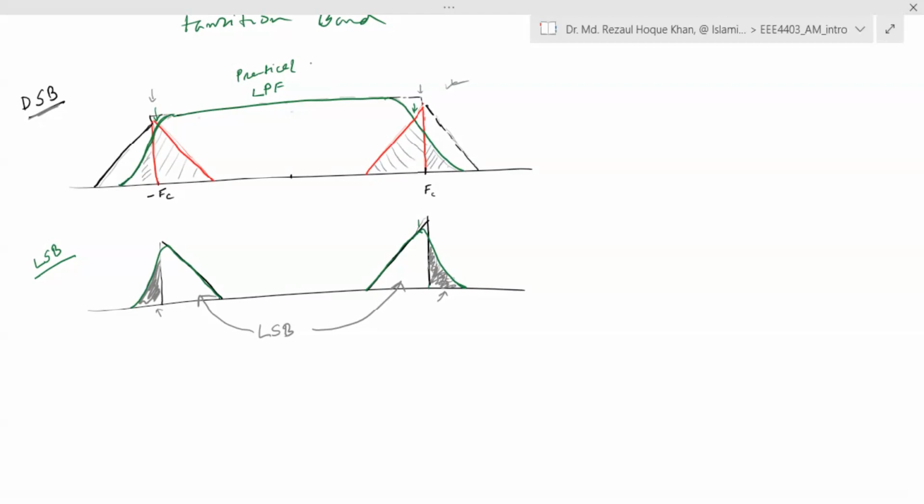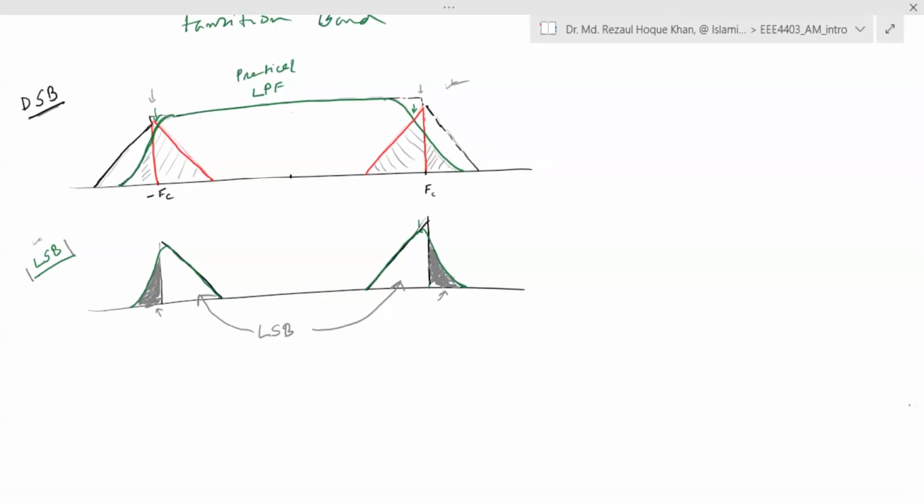So we can have an extra portion included with the LSB, which is supposed not to be in the LSB, but because of the practical low pass filter, this portion comes.